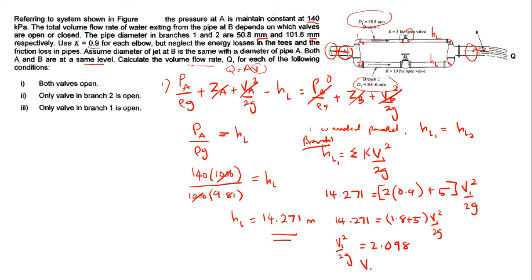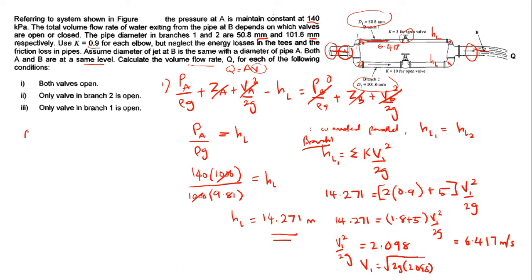Then V1 equals the square root of 2 times g times 2.098, and this gives us 6.417 meters per second. So the velocity inside branch 1 is 6.417. And in branch 2 we do the same.